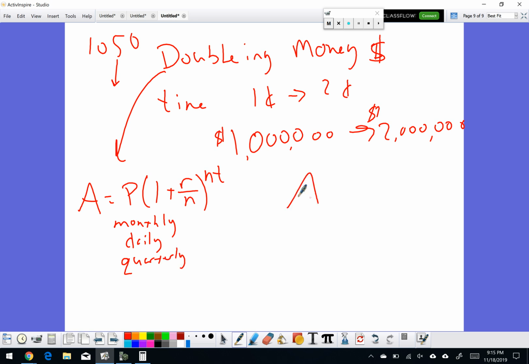But we also have, if it's compounding continuously, we use Pert. Okay, so those are the two equations that you have. So let's go ahead and start.